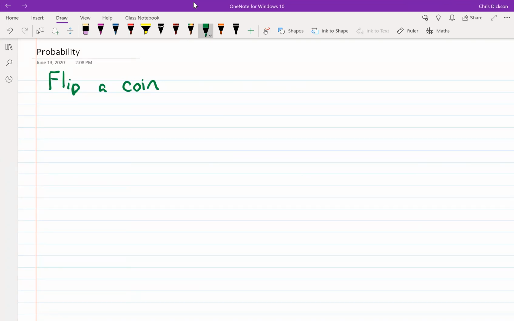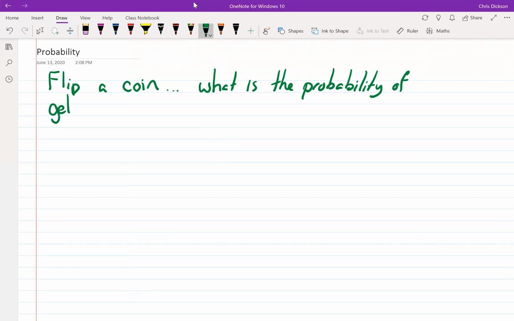You flip a coin, and the question is, what is the probability of getting tails on the coin?